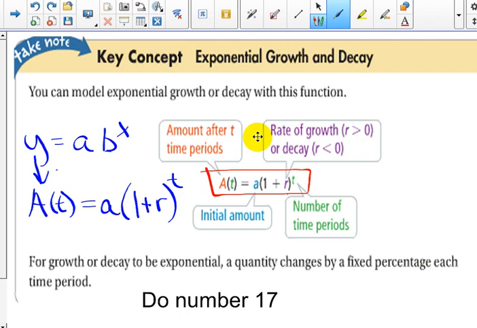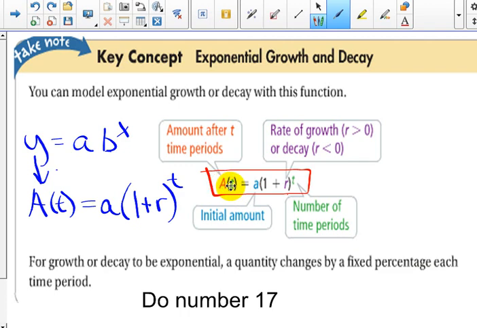Now we're going to apply it to the last problem. Okay, so we've got our last problem here on number 18. So we're going to use this formula, this is the major formula for exponential growth and decay. Capital A means how much do you have after your time period?